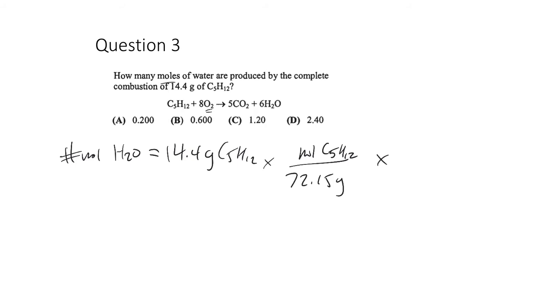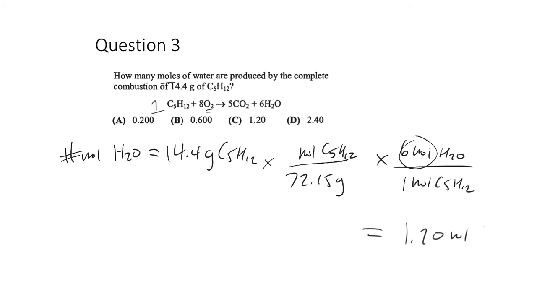And then from here, we'll use our conversion factor. For every 1 mole of C5H12 that reacts, we form 6 moles of water, and then we're good to go. We could convert to grams, but it's not asking for grams. And so 14.4 divided by 72.15 times 6 is 1.20 moles of water.